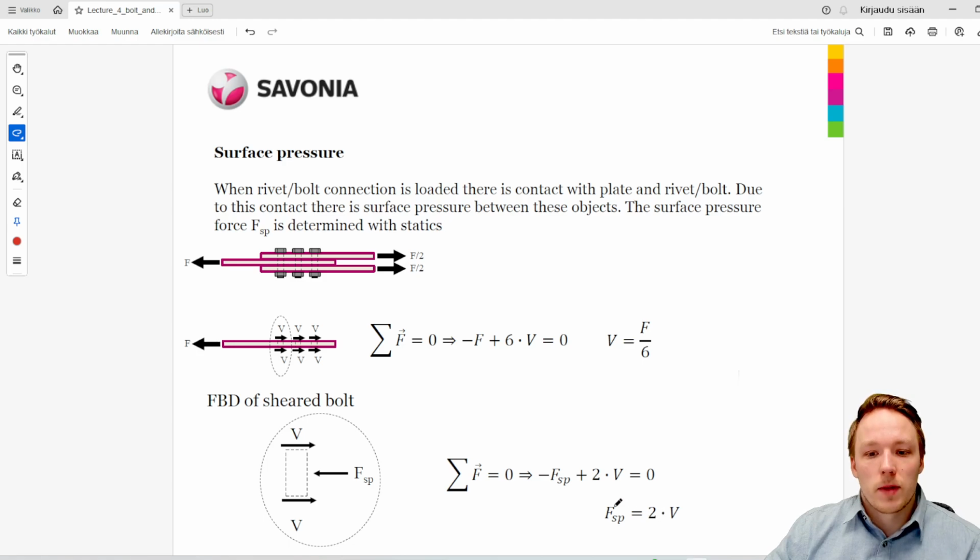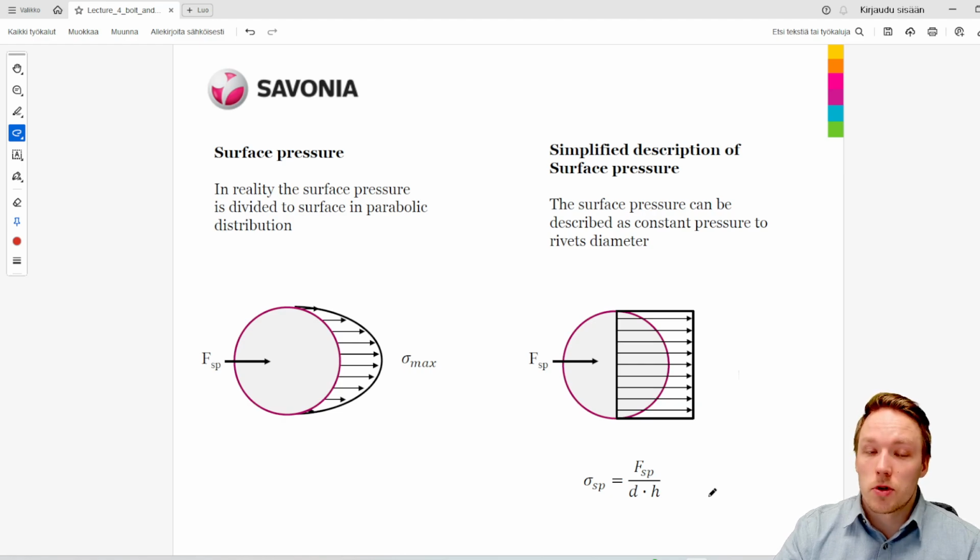So now from that we can solve that the surface pressure force in this example would be 2 times the shear force. And now when we know the surface pressure force, we can calculate from that the actual surface pressure.